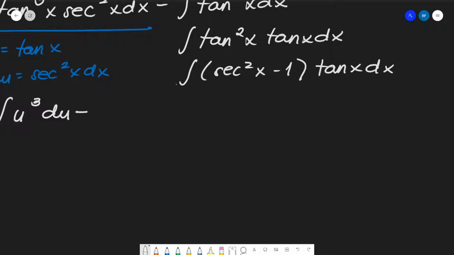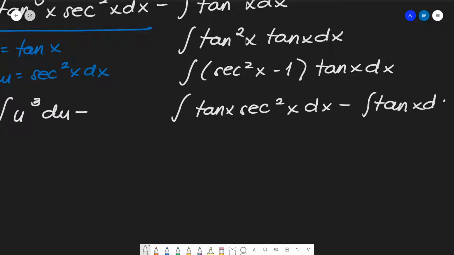And kapag dinistribute natin, we will have the integral of tangent x secant squared x dx minus tangent x dx. Yan yung ating expanded mula dun sa tangent cube x.